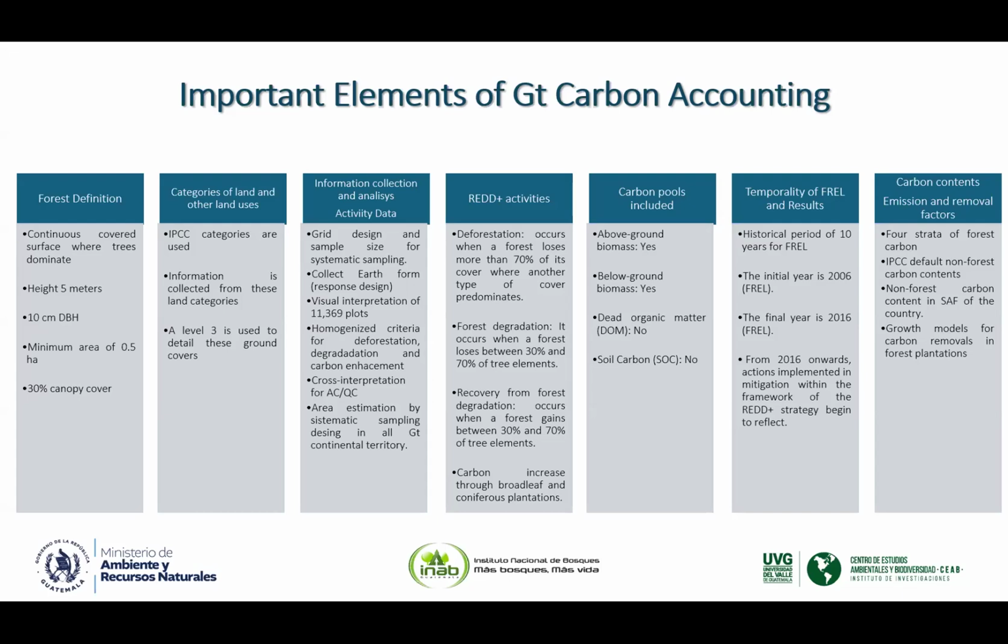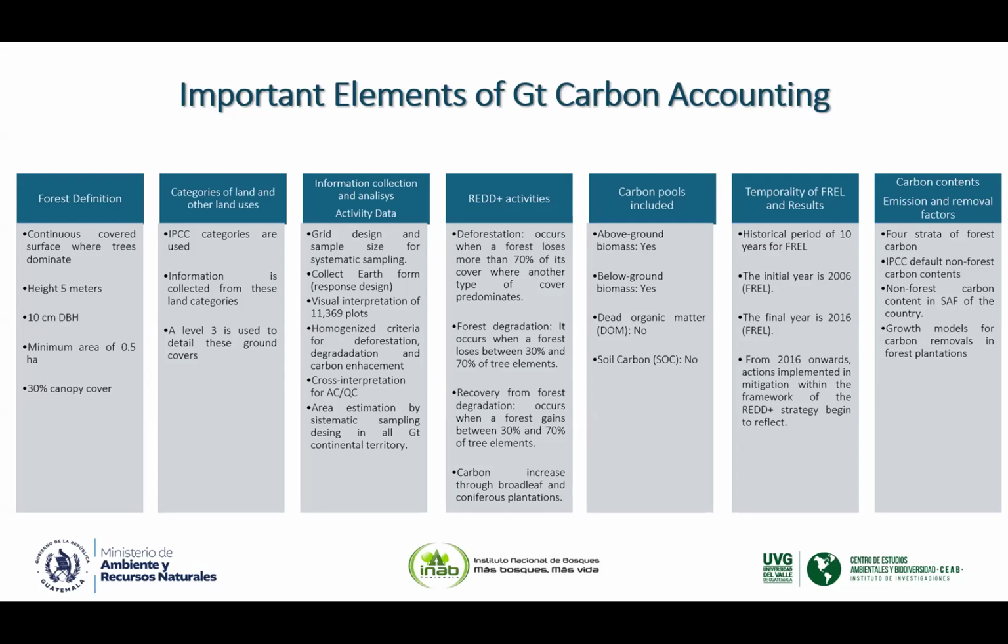We have a grid of more than 11,000 points, and we use the collector to collect information, and we homogenize the criteria for deforestation, degradation, and carbon enhancement. We have interpretation quality control for the data, and we cover all the territory.